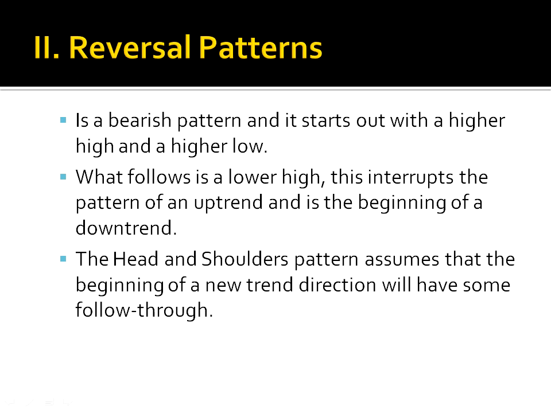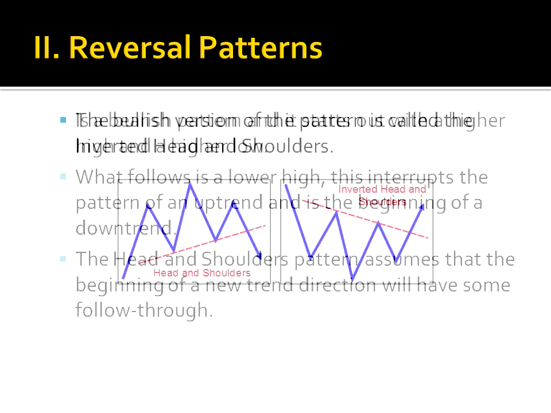So we're looking at the transition from the series of higher highs to lower highs. The head and shoulders pattern assumes that the beginning of a new trend direction will have some follow through. So we're looking at the exact point of a change in the trend direction.